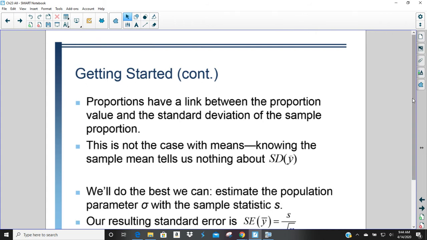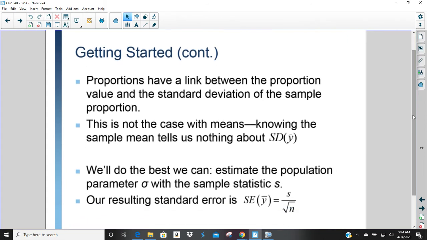Proportions have their standard deviation linked to the proportion itself, because the standard deviation equation is the square root of the success proportion times the failure proportion divided by n. In the case of means, the standard deviation is not linked whatsoever to the mean.